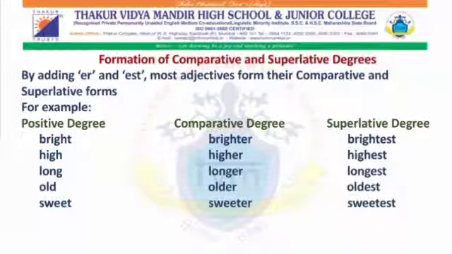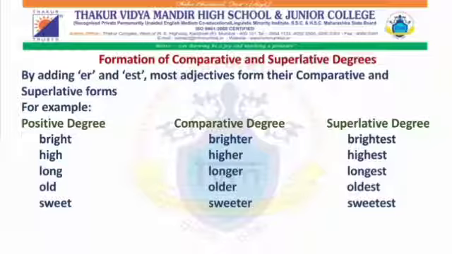By adding er and est, most adjectives form their comparative and superlative forms. For example, here the word bright is an adjective in positive degree. While changing it to comparative, we add er to the word bright. So it becomes brighter.